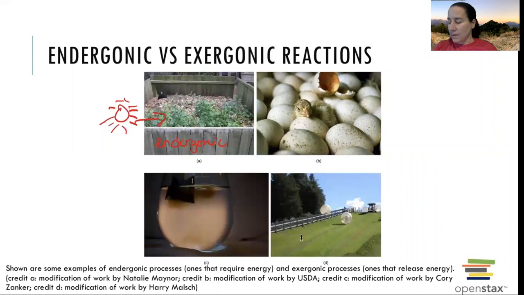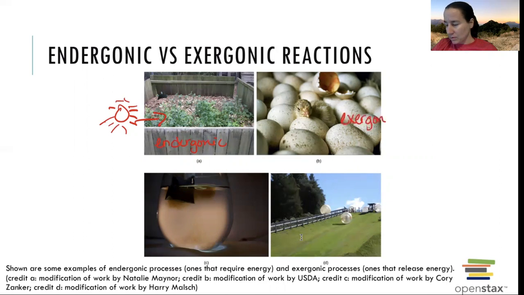And then if we are breaking molecules down and harvesting that broken bond energy in the form of ATP or some other energy currency, but we use ATP. Like this little guy, this is a baby chick and it's growing. I am sure it is undergoing lots and lots of energy that is going to go into this little guy.